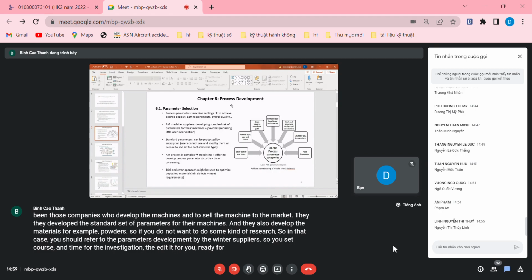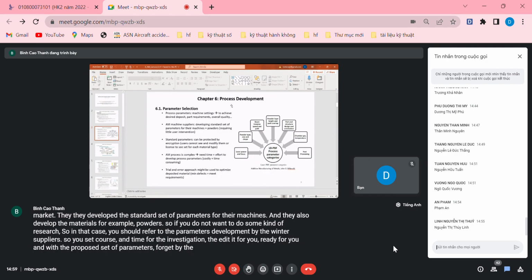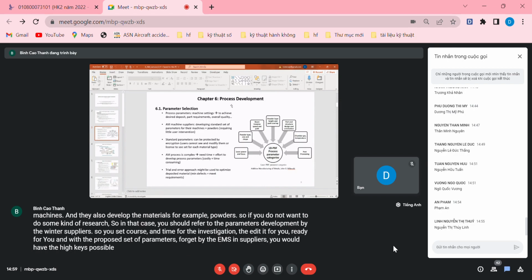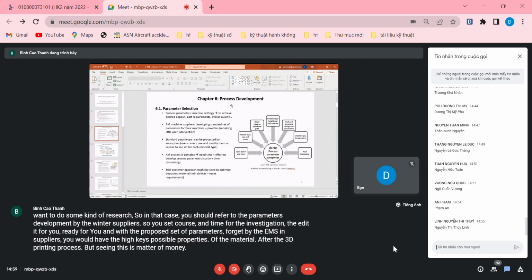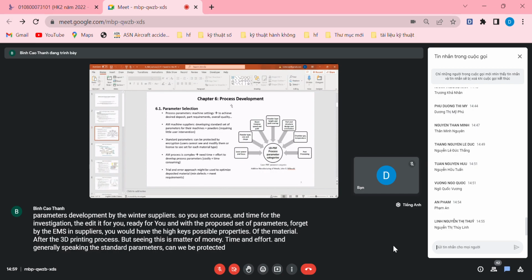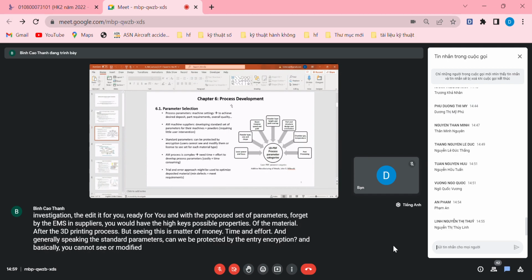And with the proposed set of parameters suggested by the AM machine suppliers, you would have the highest possible properties of the material after the 3D printing process. But since this is a matter of money, time, and effort, generally speaking, the standard parameters will be protected by encryption, and basically you cannot see or modify them.